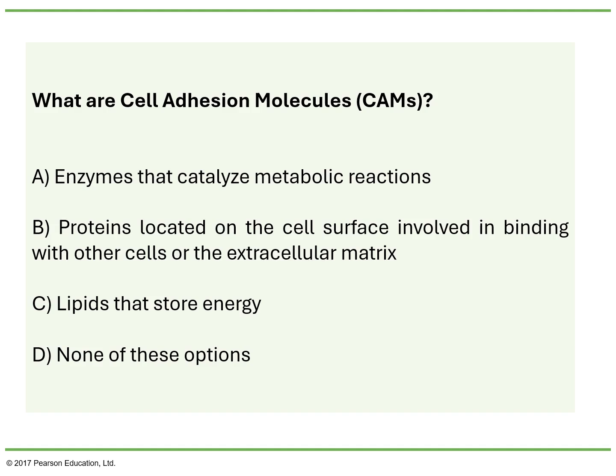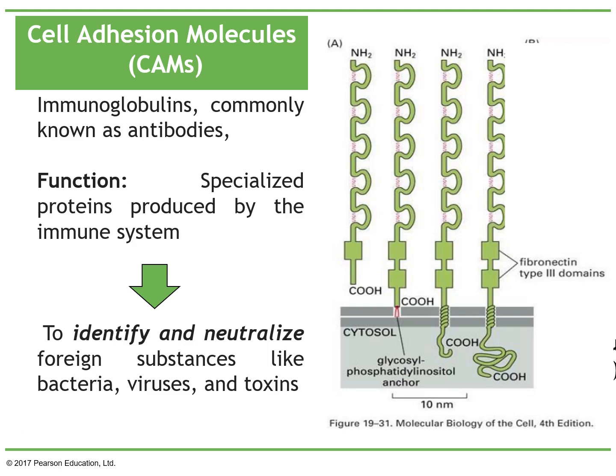The cell adhesion molecules are involved in attaching to other ones. So here you find an example of a CAM. Here is one very famous immunoglobulin. You can see that it has a transmembrane domain and this tail in the cytosol.